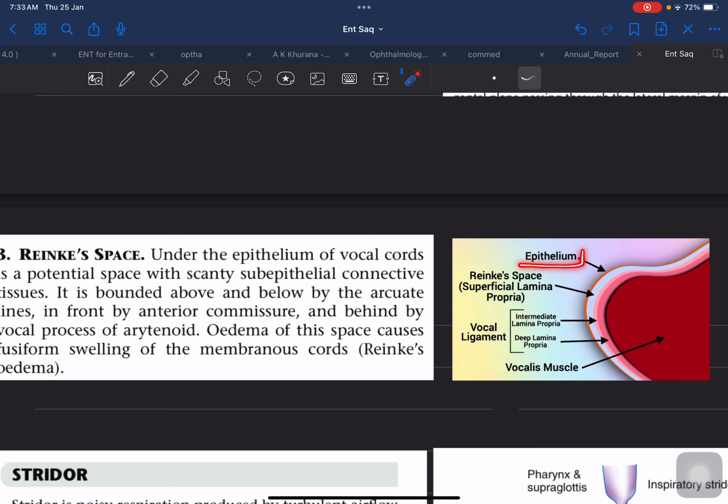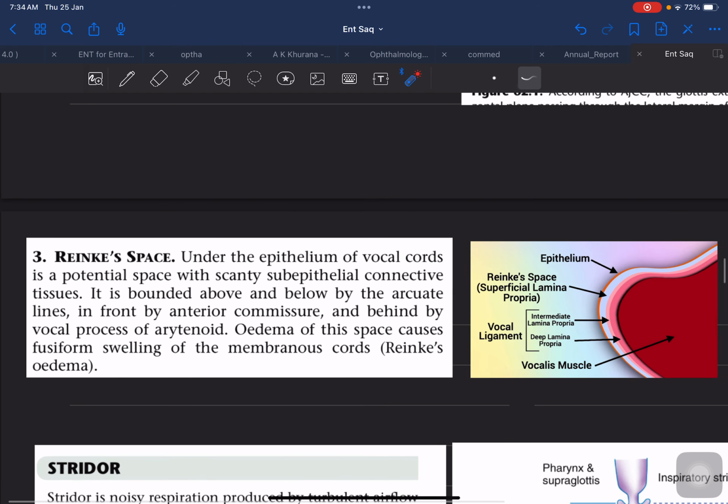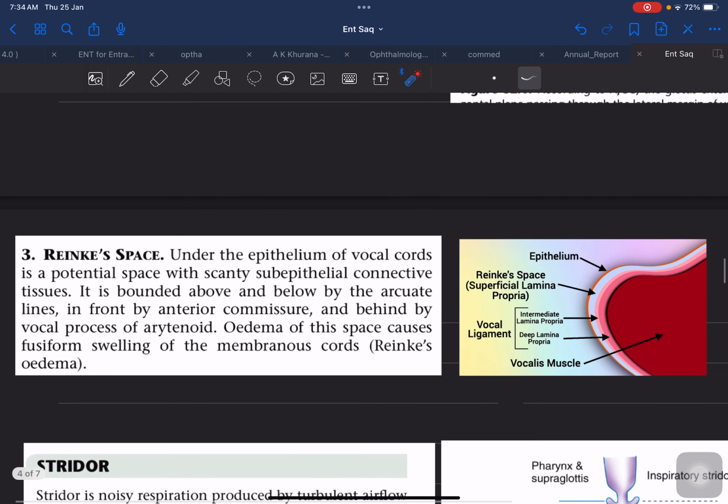As you can see, this is the epithelium of the vocal cord. Now under this epithelium of vocal cord, there is a potential space with scanty soft subepithelial connecting tissue. It is bounded above and below by arcuate line, in front by anterior commissure, and behind by vocal process of arytenoid.